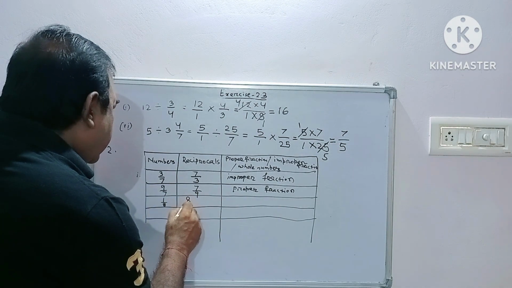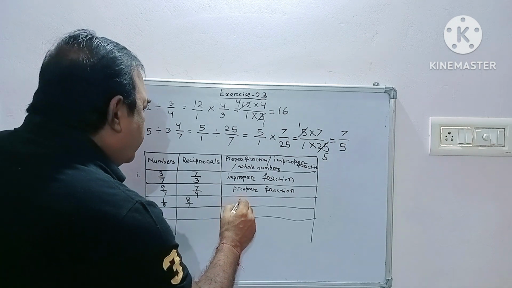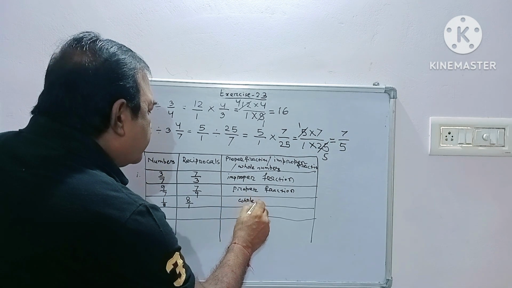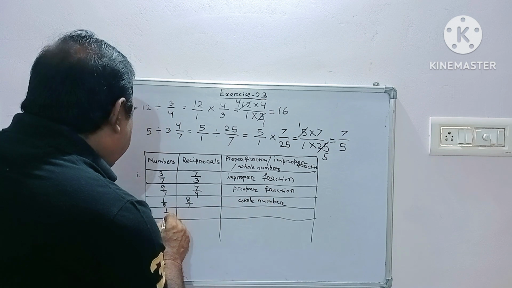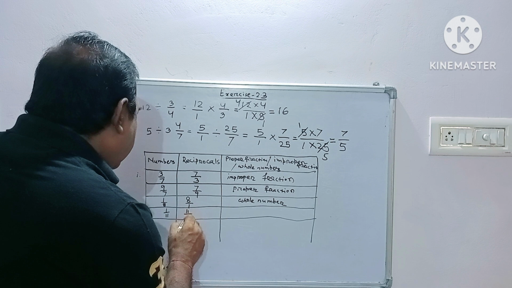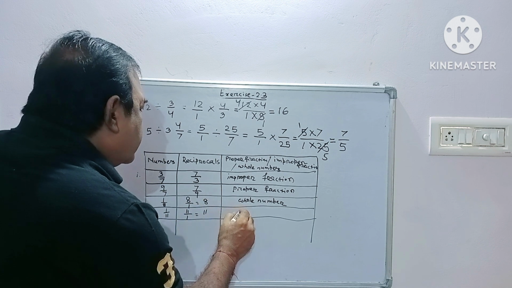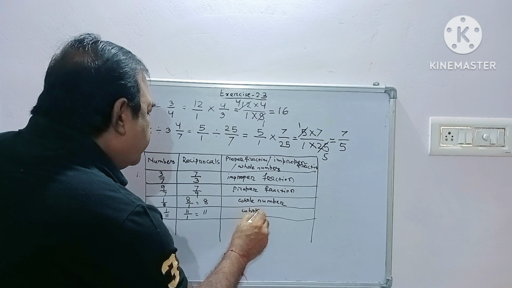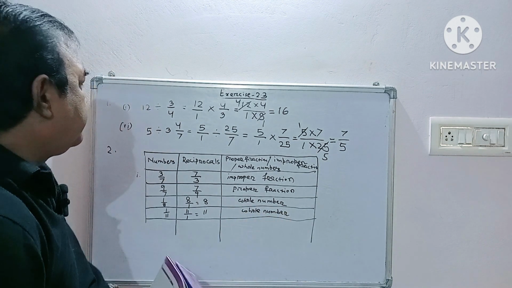It is 8 upon 1, that means that is 8. So that is a whole number. 1 upon 11, that is 11 upon 1. So is this a whole number or not? Yes, 11 is a whole number.